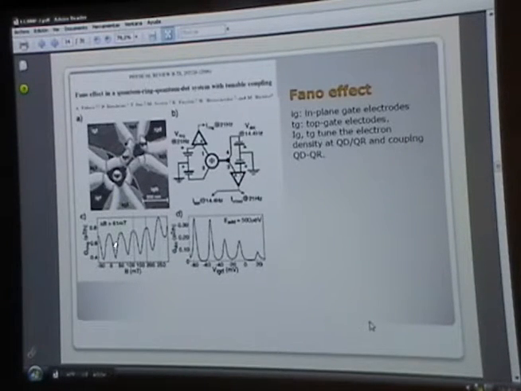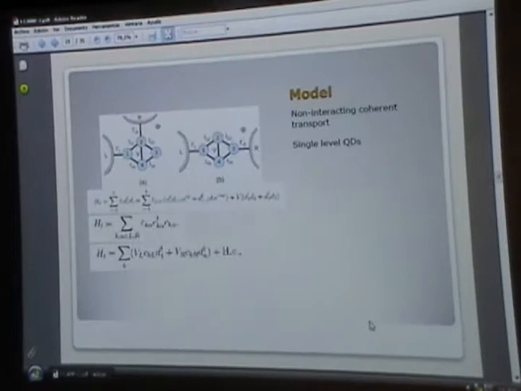And here also there is the signature of these Aharonov-Bohm oscillations in the conductance as a function of the magnetic field. In this case, the period is 61 milli-Tesla. So these Fano and Aharonov-Bohm effects are closely related in this kind of system involving rings or quantum dots.